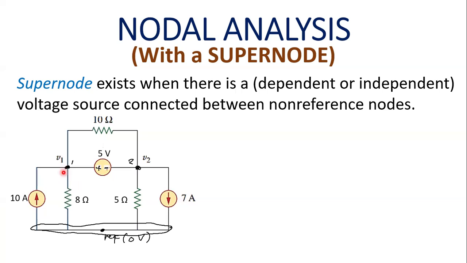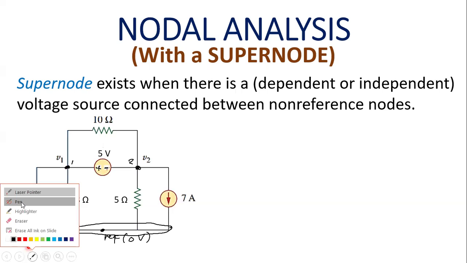When we solve a circuit having a supernode, first we temporarily neglect this 5 volts and the resistor connected in parallel with the 5 volts. So let's just have this as one node, and we call it a supernode.